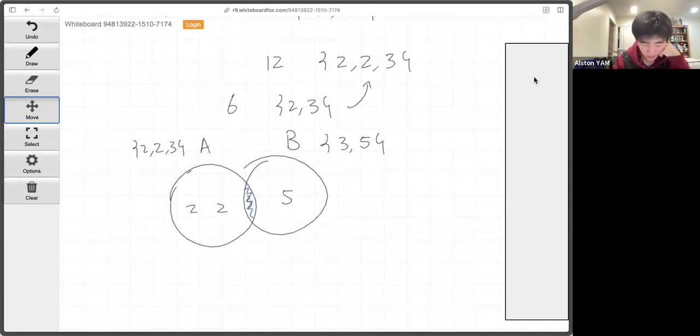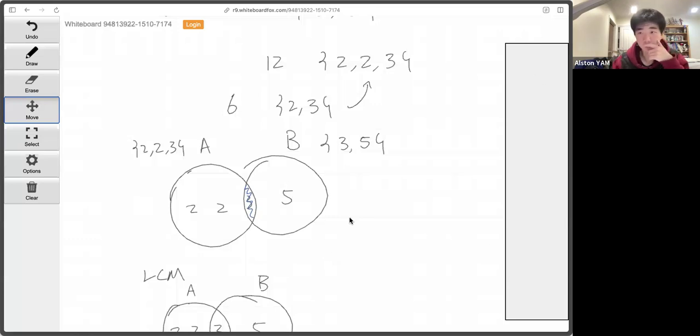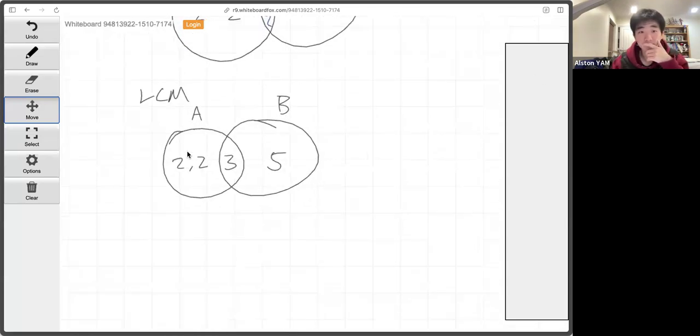Okay. Let's move on to the LCM. We can actually do the exact same thing. If we have a set and another set like this, using the example before, we have 2, 2, 3 and 3, 5. To take the LCM, we just need to take the union.